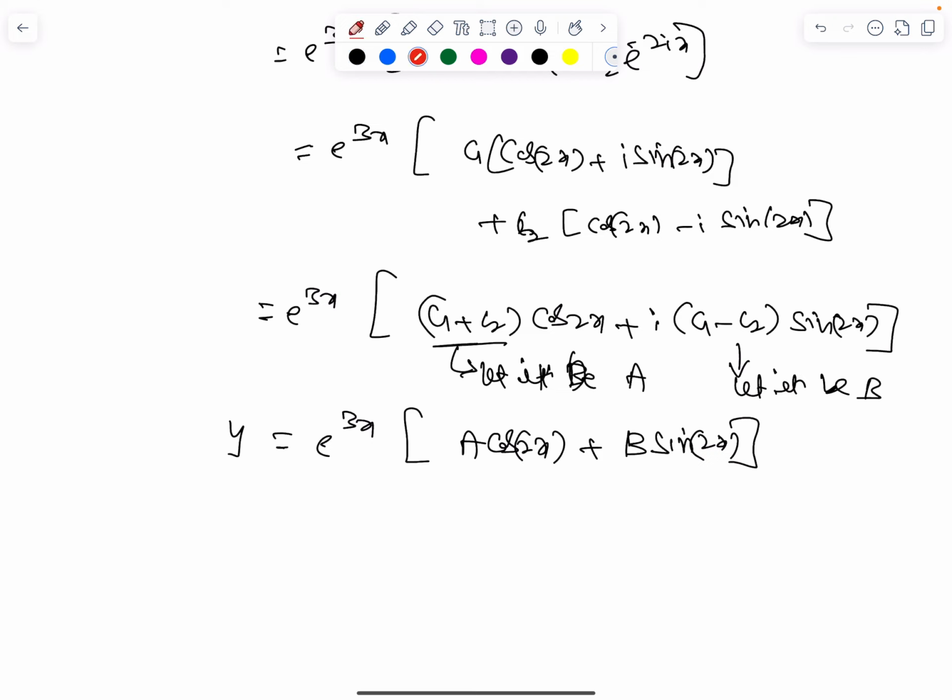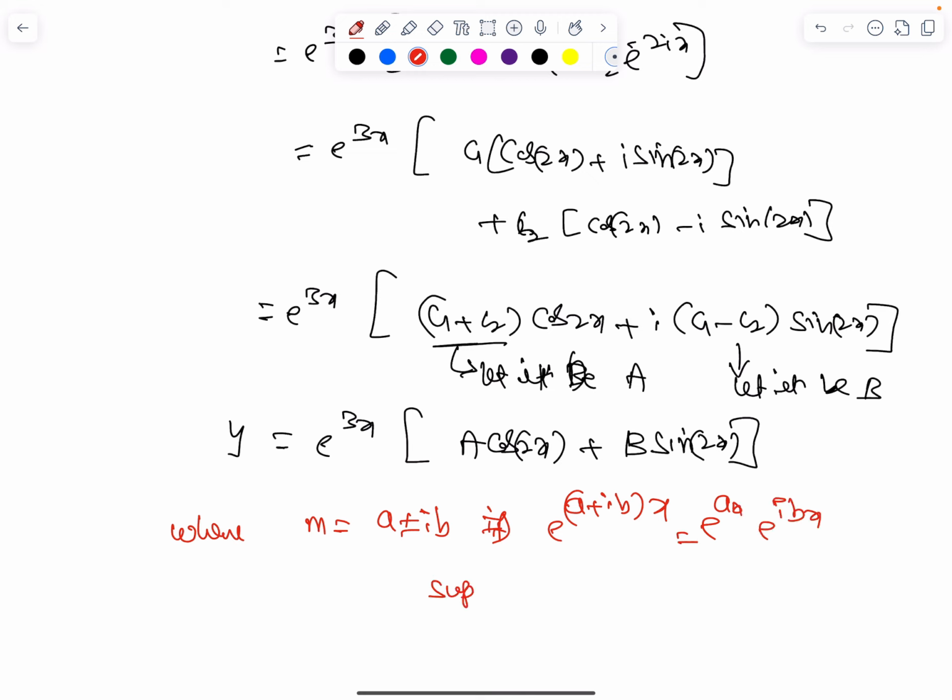What are the possibilities when m is equal to a plus or minus ib? This implies e power (a plus ib)x, that is e power ax, e power ibx.